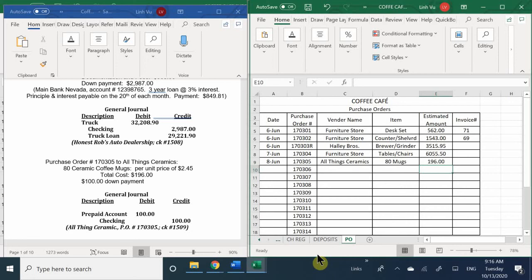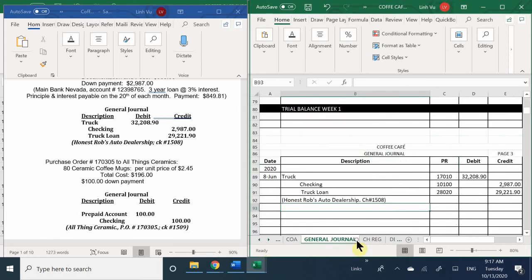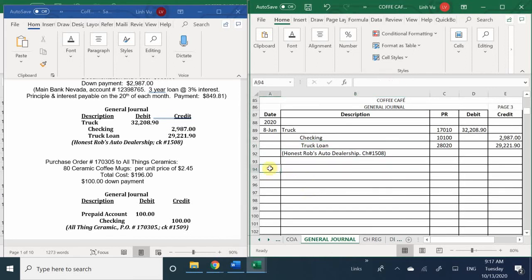All right. Now, because they required a down payment or a prepaid advanced payment, I'm going to go to my ledger, I'm sorry, my journal. I need to journalize this transaction because I'm actually writing a check in regards to this purchase order.